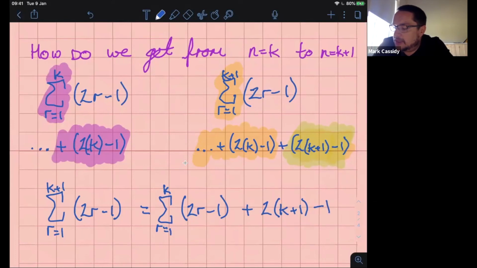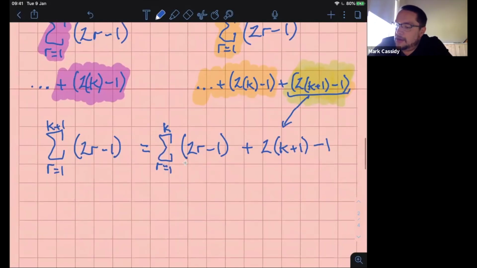So I'm just going to add this bit on to make those two equal. Are you satisfied that they're equal? Yeah, okay, cool.